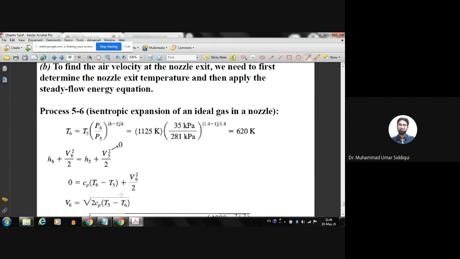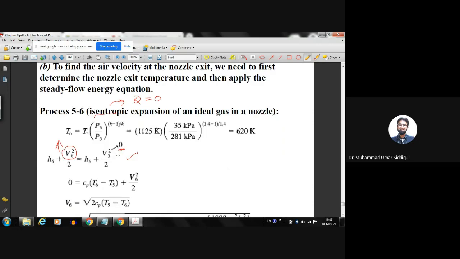Then we have isentropic expansion of an ideal gas in a nozzle. Again, in the nozzle, this is isentropic. Since it is isentropic, it will also be considered adiabatic, so we'll consider Q equals 0. We will do it the same way as we did in chapter number 5. We will analyze the case of a nozzle with Q equals 0, and we're going to come up with this. Here again, the velocity at the exit of the nozzle will be so high that we can just consider the velocity at the inlet of the nozzle equal to 0.